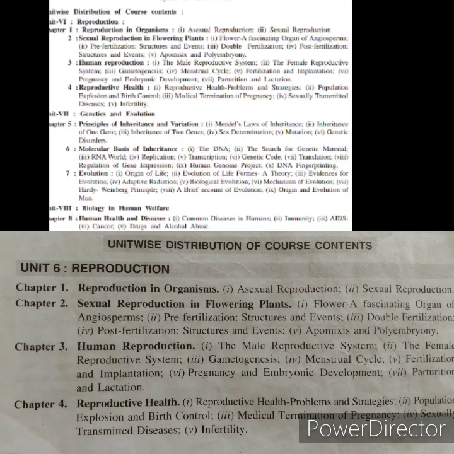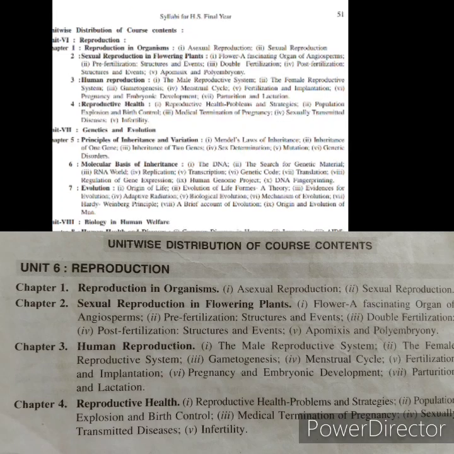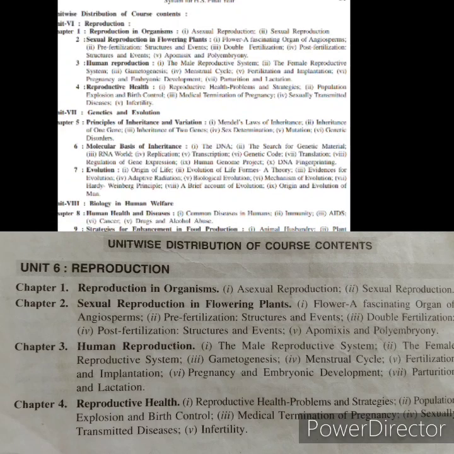So please, I repeat again and again, follow my instructions later on while studying this chapter. This chapter is complicated because there are a lot of confusing things. If you do not study well, it will definitely put you in trouble during your examination.